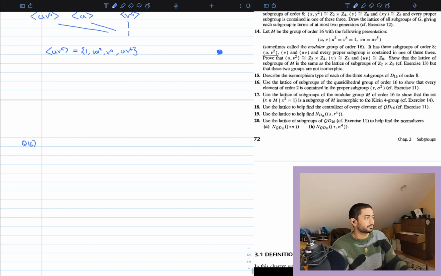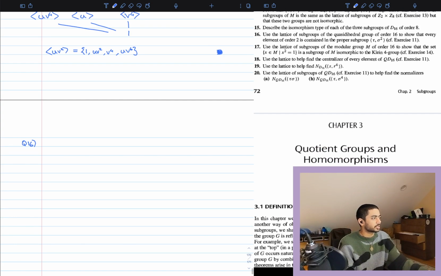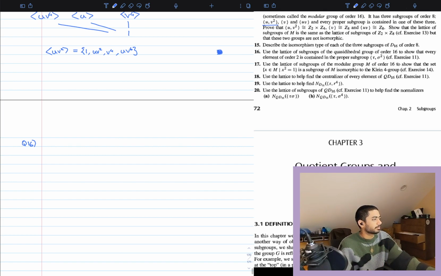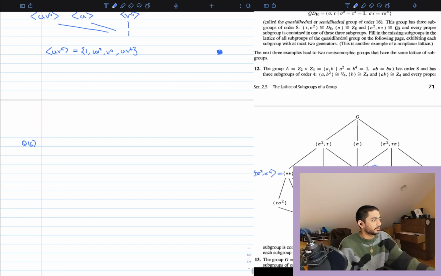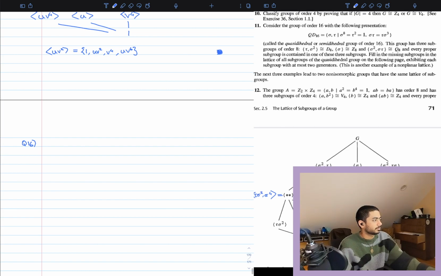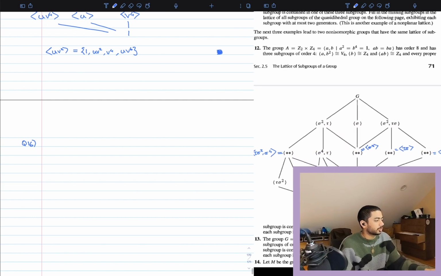Question 16. Use the lattice of subgroups of the quasi-dihedral group of order 16 to show that every element of order 2 is contained inside this proper subgroup. Okay. Well, here's the lattice of the quasi-dihedral group, right? Yeah, here we are. Now the order 2 elements are these guys.